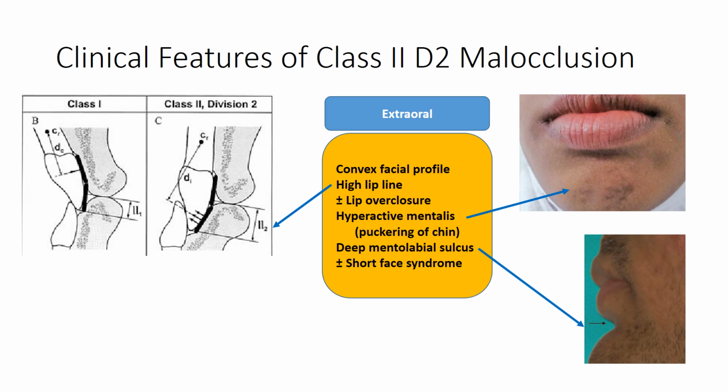There may be lip overclosure, there may be a hyperactive mentalis, which is evident as puckering of the chin, and there's a deep mentolabial sulcus. They may have a short face syndrome, meaning the lower vertical facial proportions are reduced.